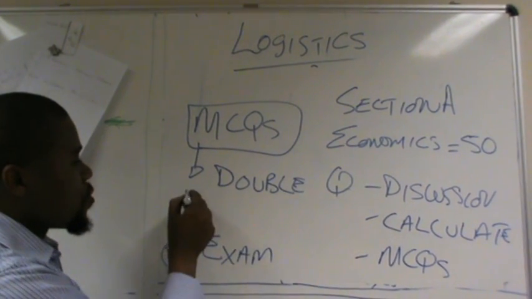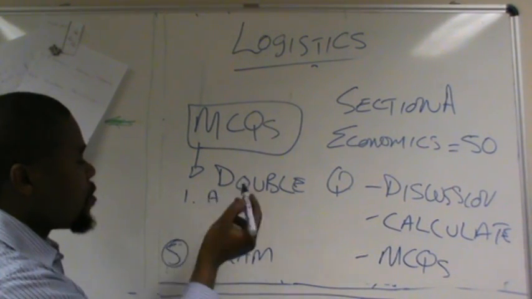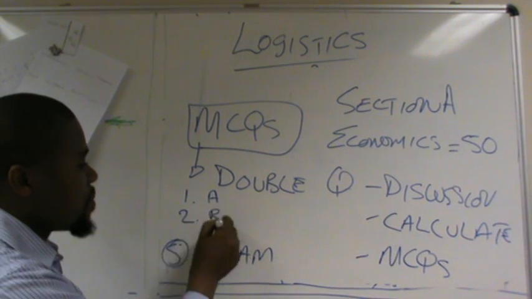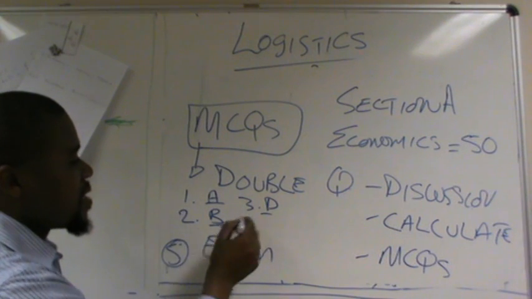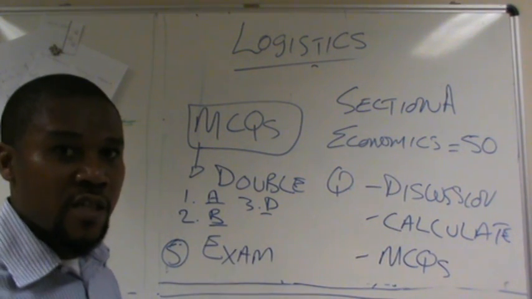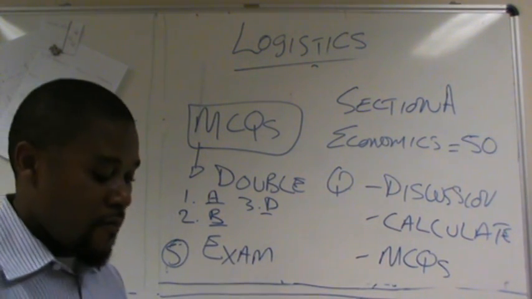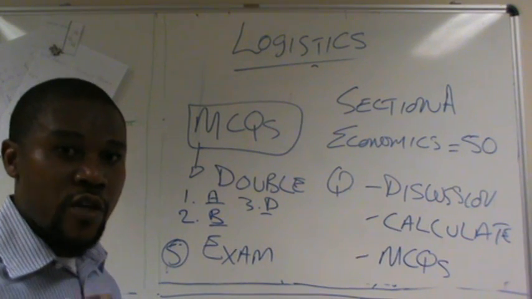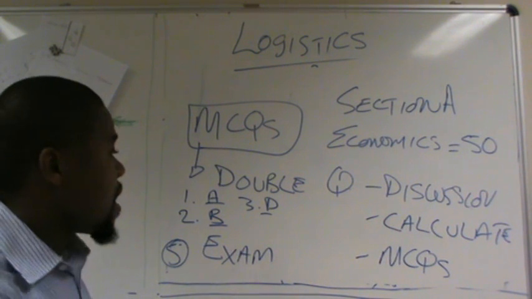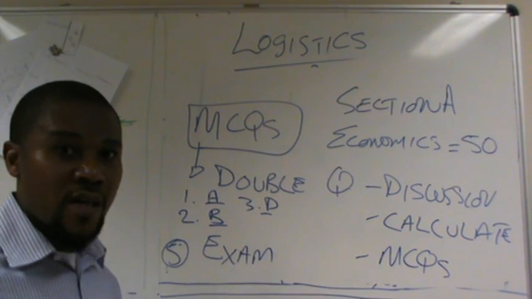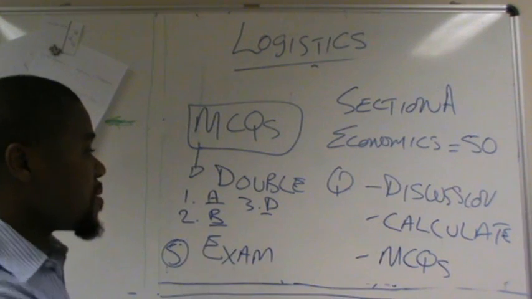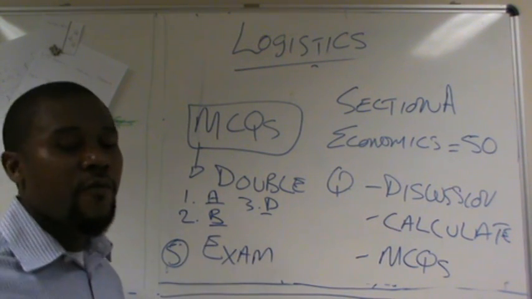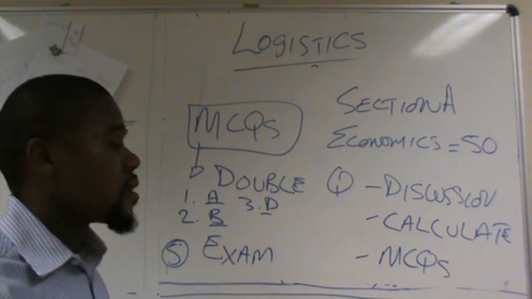So if your answer to question 1 is B or A, whatever, 2 is B, 3 is D, make sure that you write this down on your answer sheet as well, so that whatever happens to your yellow sheet that goes to the computer, I still have your answers on your answer sheet where you've written all your discussion. So at the end, make sure that you write this as well. For me, that is very important. Okay.